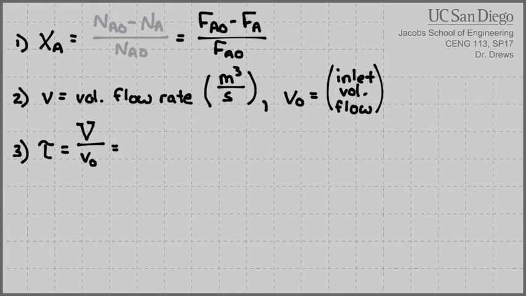Sorry, we're limited on letters here. That's all we can do. This is called a residence time. The reason I bent the rule there is because we usually just talk about tau. We rarely talk about capital V here. This one will have units of time, so something like seconds or hours or minutes or something like that.